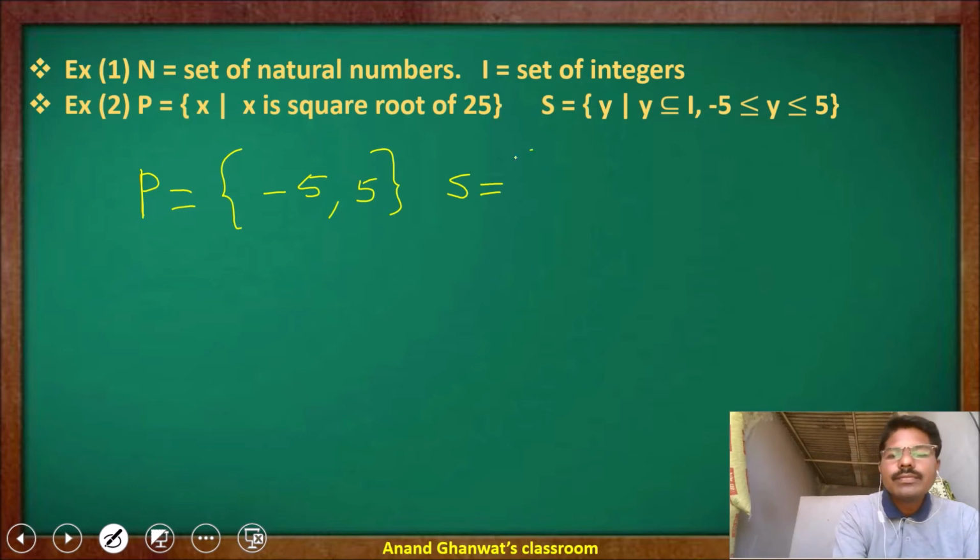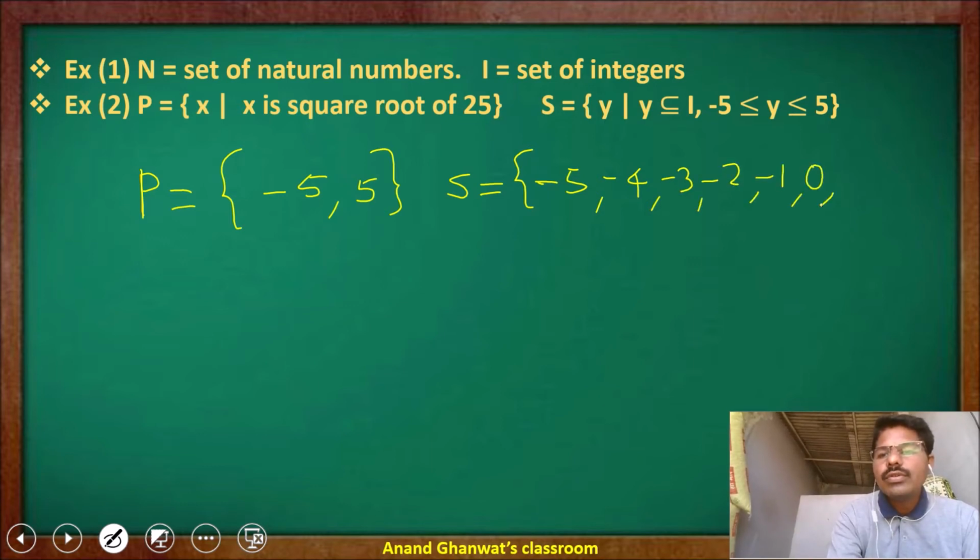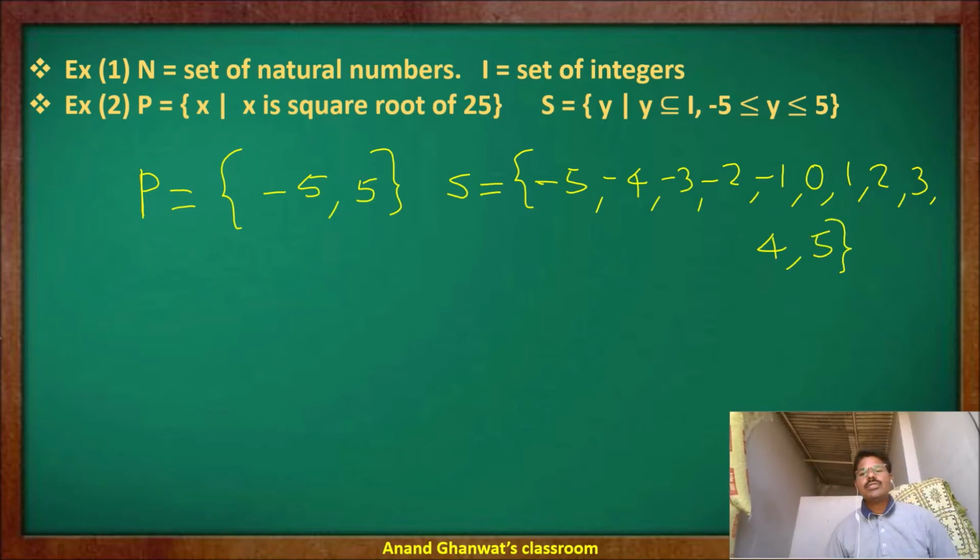Therefore, S is -5, -4, -3, -2, -1, 0, 1, 2, 3, 4 and 5. So observe these two sets. Which is the bigger set? Set S is bigger, and which is smaller?